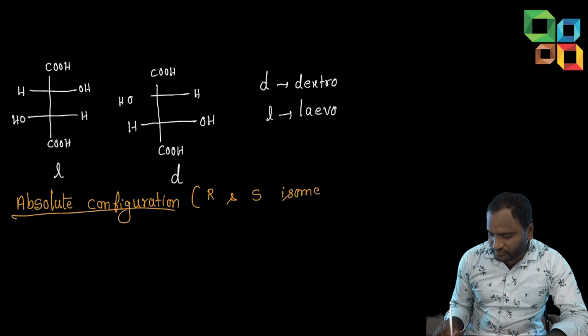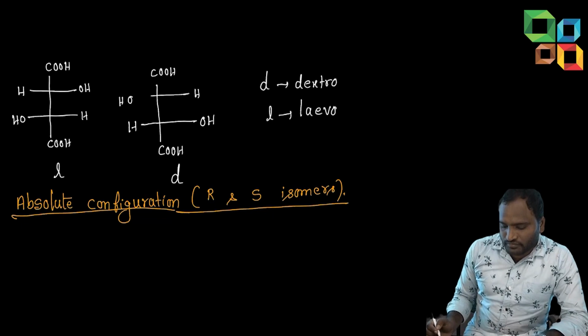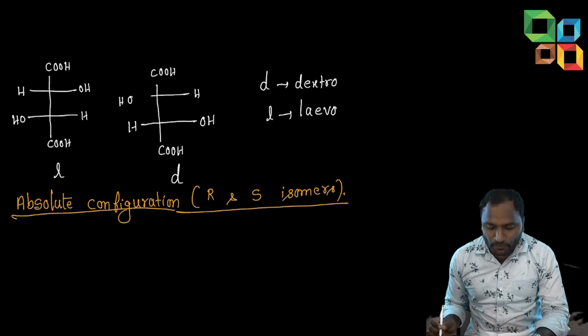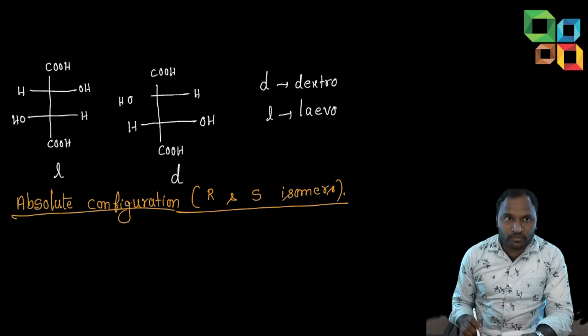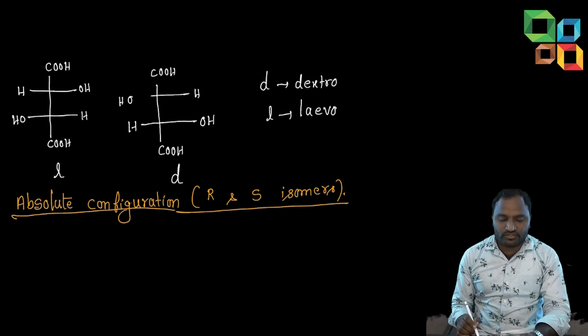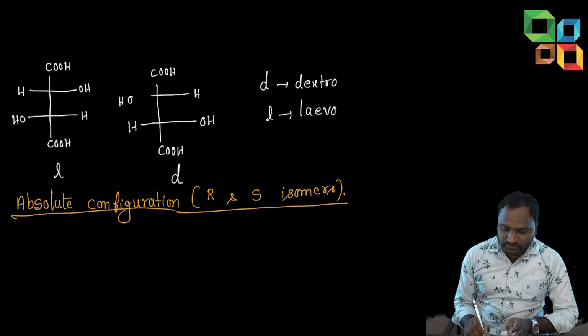Rectus, sinister, R and S isomers. RS configuration also is very simple, students. As in EZ isomerism, how we took the priority order, the same thing here also. For RS configuration, priorities we will take.